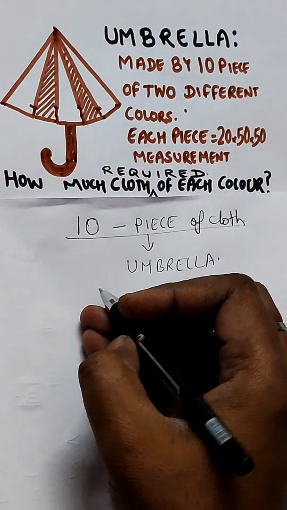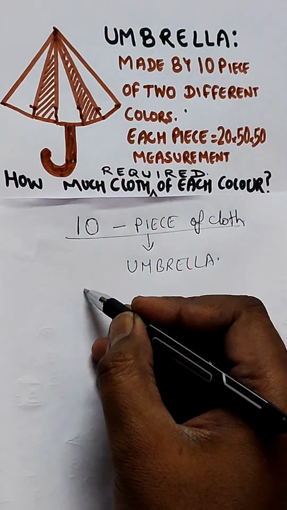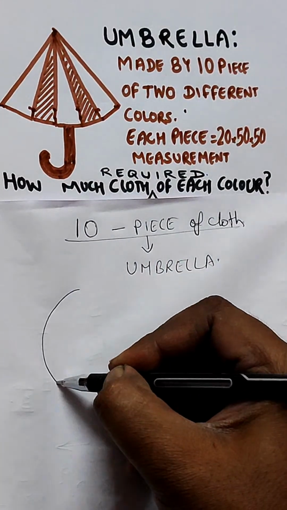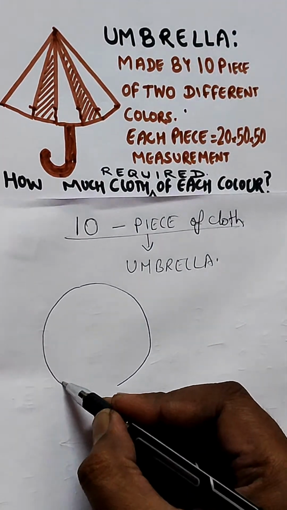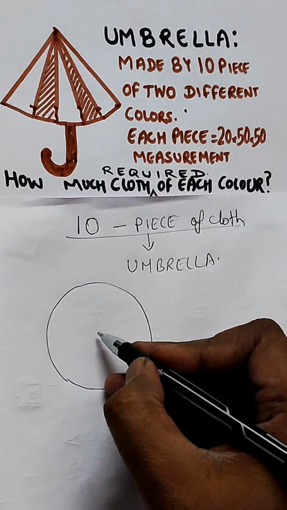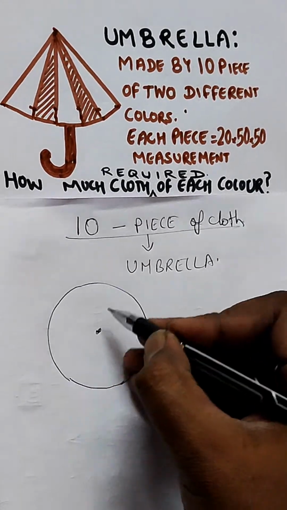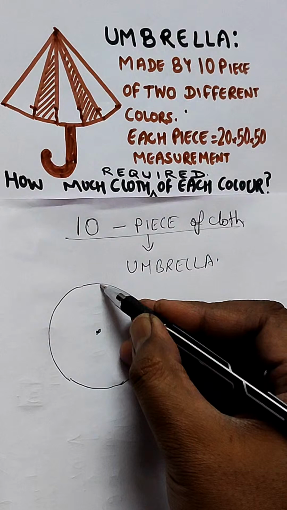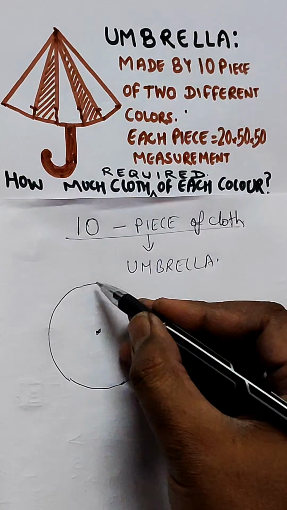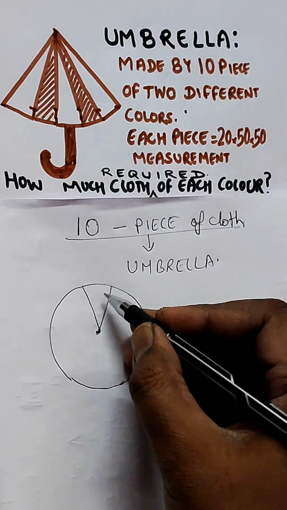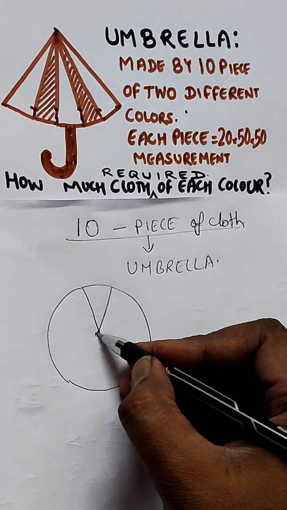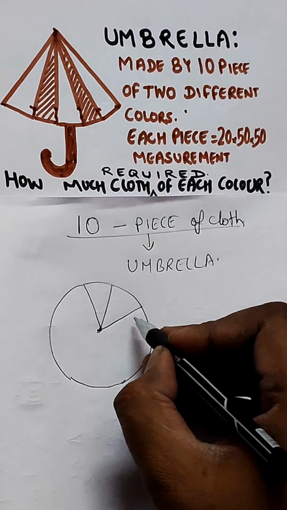That means if you see this umbrella like this, from the top you can see, just forget about the edge of this. This is not circular. If this will look like a triangle, then this will be like this, right? And another one will be looking like this.